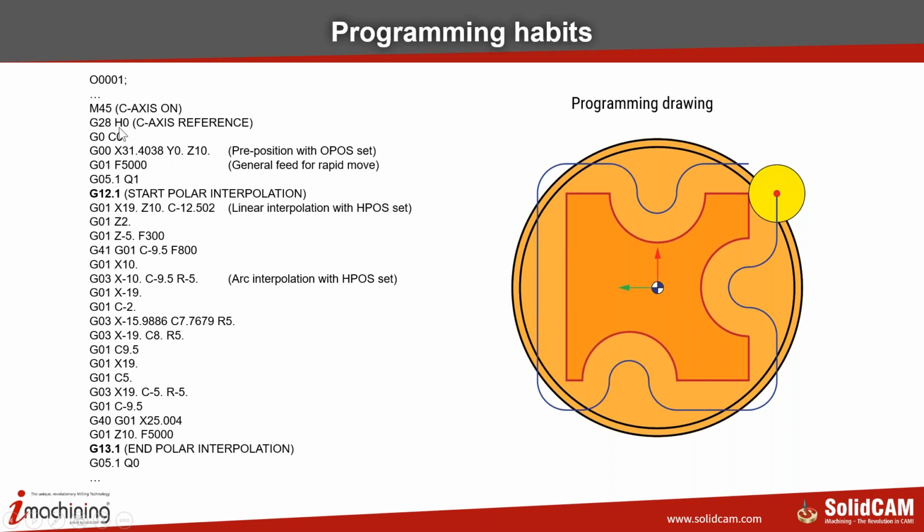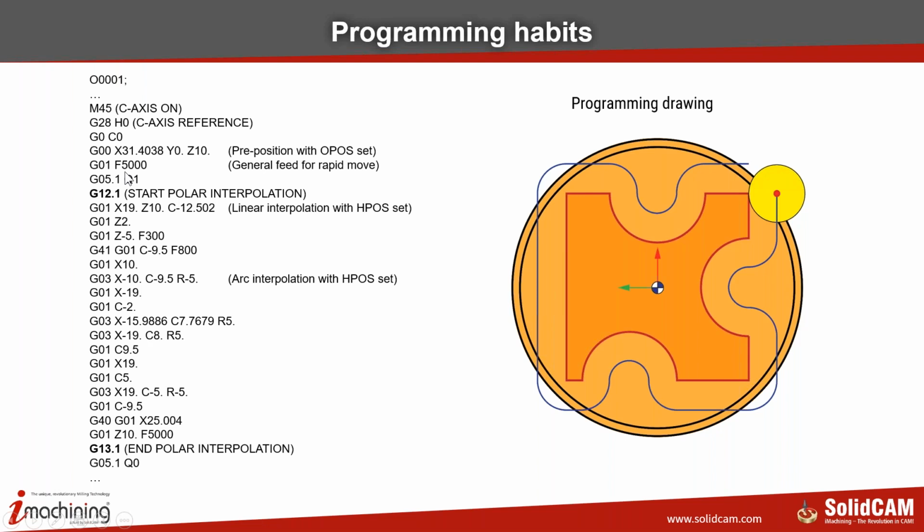So here we have G28 H0 reference, then C0. This is something that you've also seen in the previous example right from the manual. Nothing so special. We are turning on the 12.1. Before 12.1, we are going with G01 F5000. I've seen many posts that have this, I will call it a fake feed.